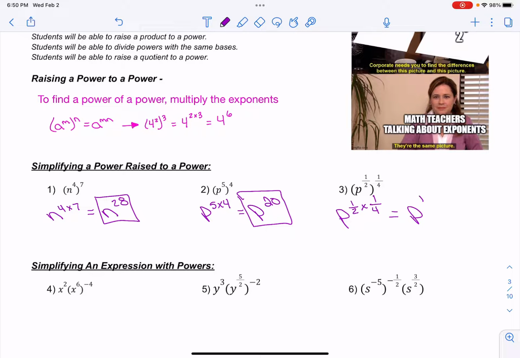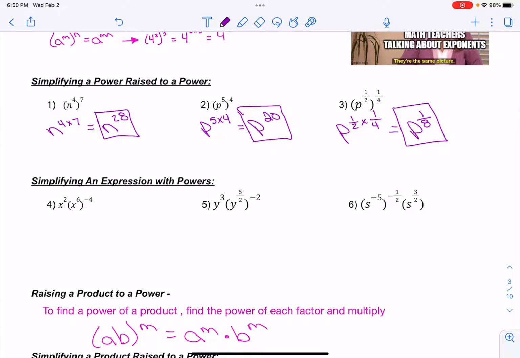So 1 times 1 is 1, and 2 times 4 is 8. So we get p to the 1/8. And that is all it is asking us to do on these. There's no other solving necessary. We were just simplifying those numbers that they gave us, or letters in this case.